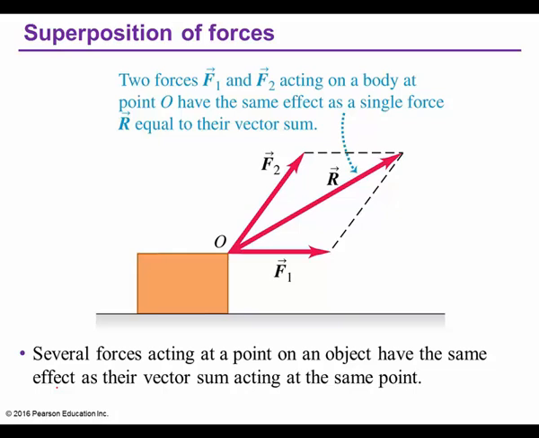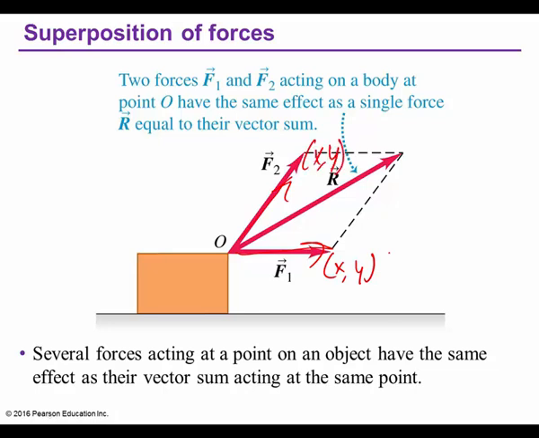Now, one thing about forces, the superposition principle applies. And what do we mean by this? In other words, if you have a force pulling in two directions, you're going to have, here's this word again, components. You've got X and Y components here, and X and Y components here.